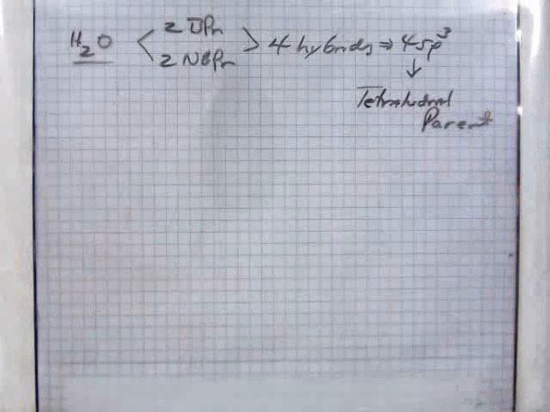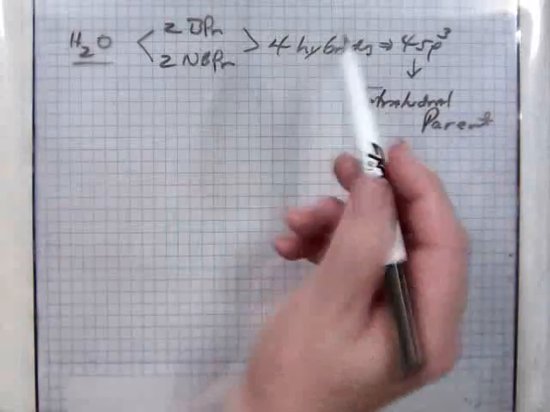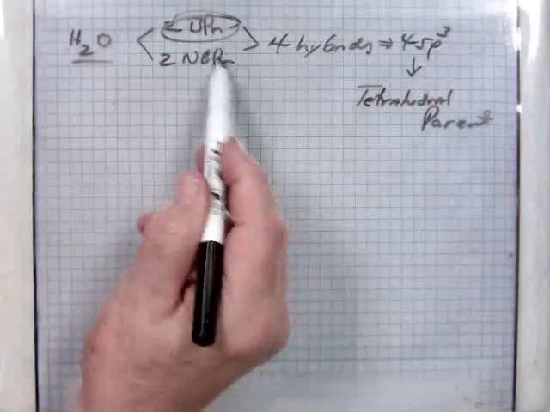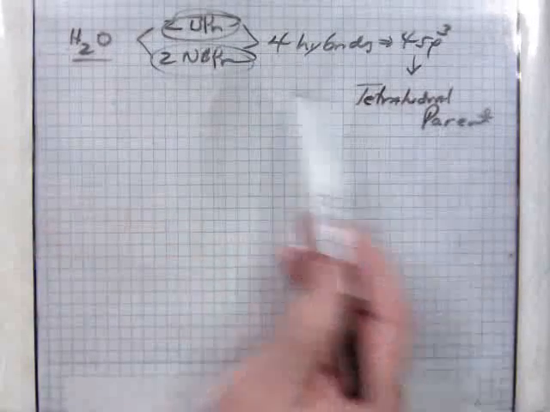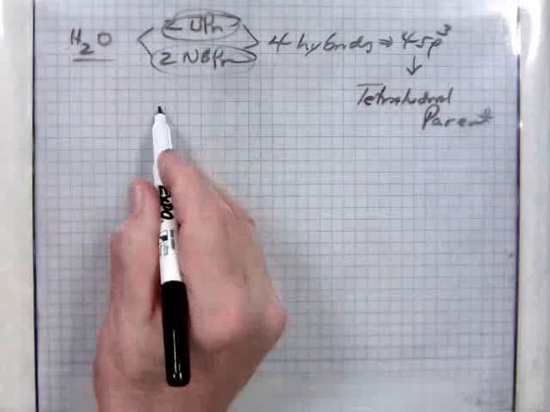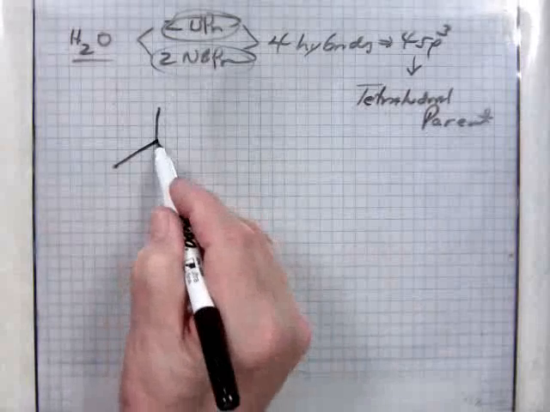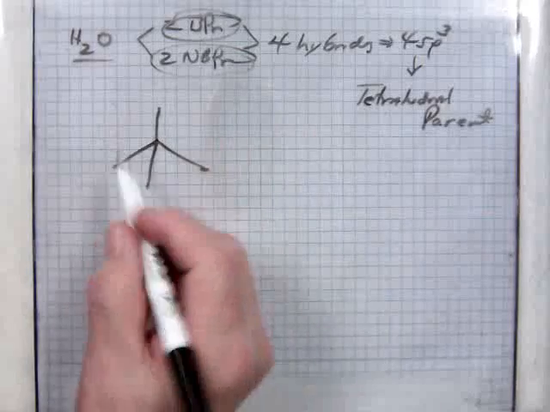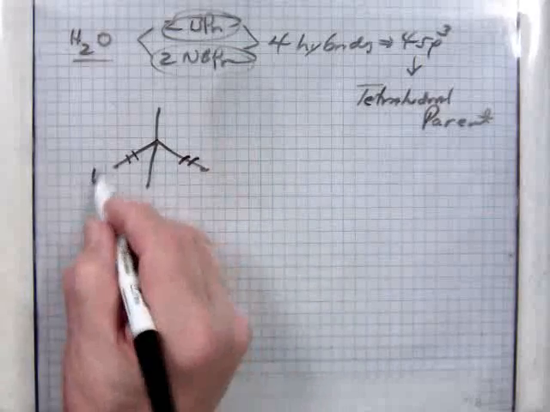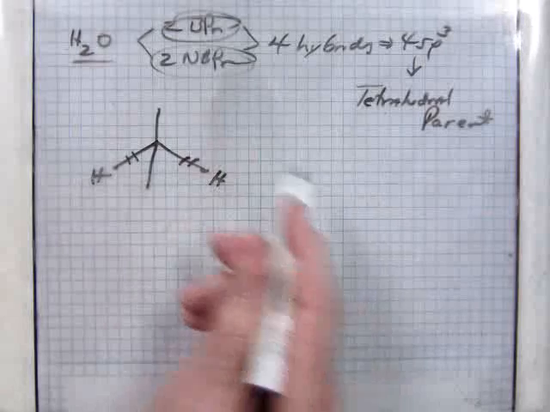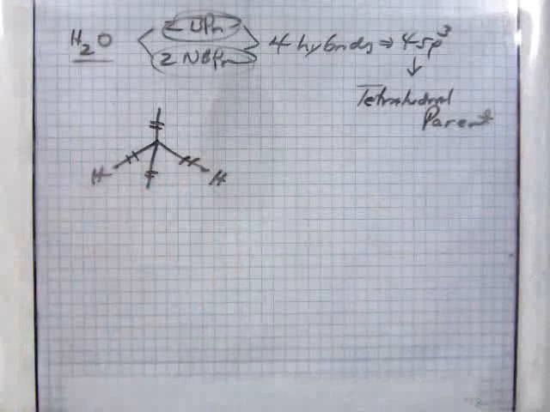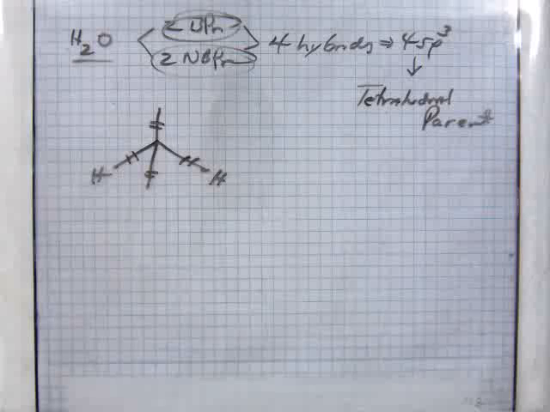But in that I have to have 2 bonded pairs and 2 non-bonded pairs. So starting with the tetrahedral parent and drawing it, there are my 4 hybrids right there. I have to put 2 bonded pairs in that accommodate the hydrogens, but the other 2 bars in the tetrahedron are non-bonded pairs. Okay?